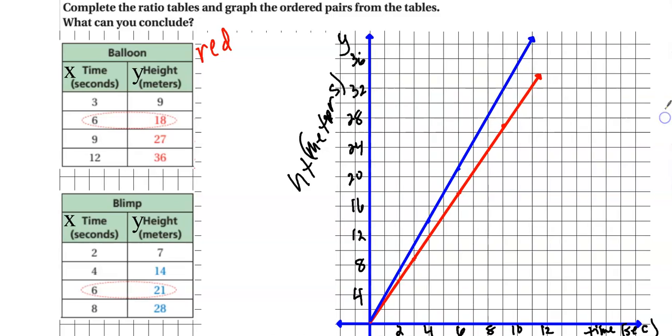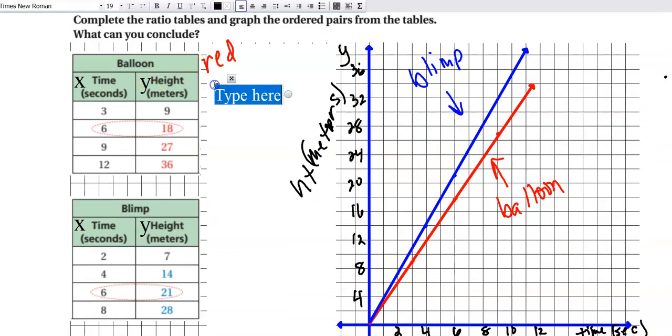Okay, so again, because I have the height on the y-axis, you'll notice that the steeper the line, the faster the blimp is rising, and this was the balloon. So my conclusion again is that the graph of the blimp is steeper. So the graph for the blimp is steeper and it is rising faster.